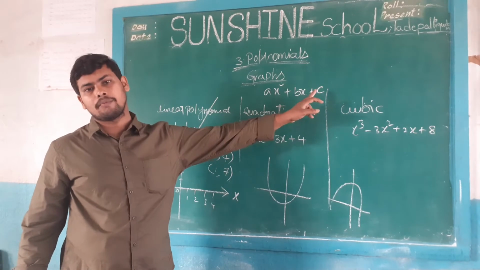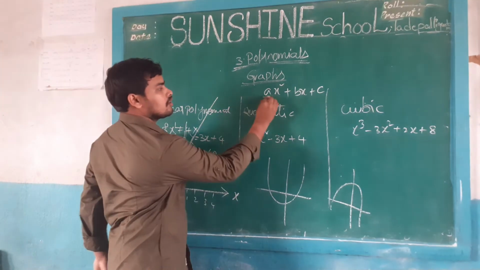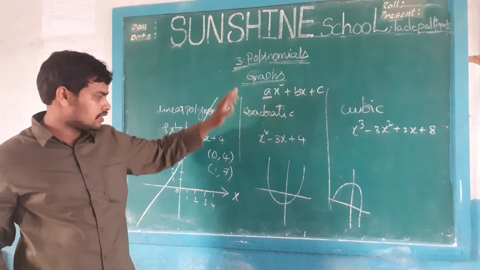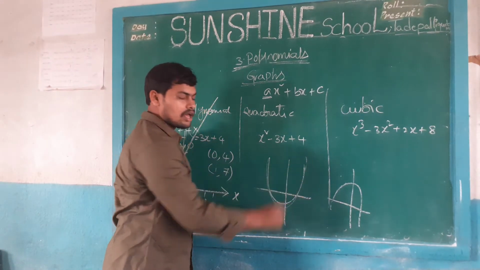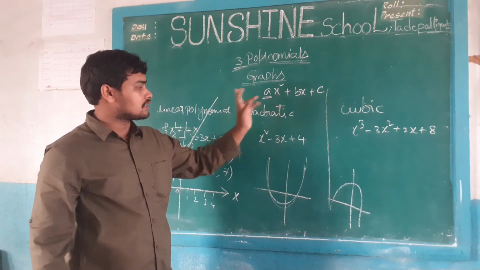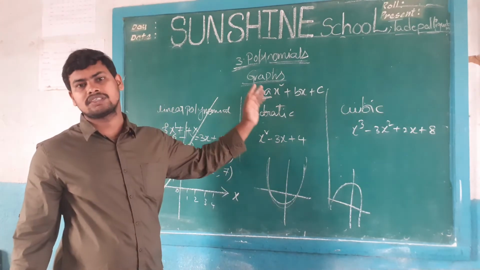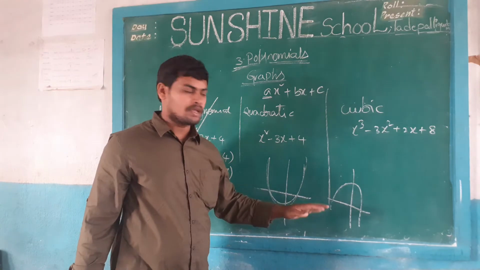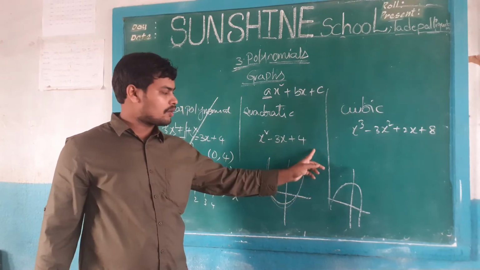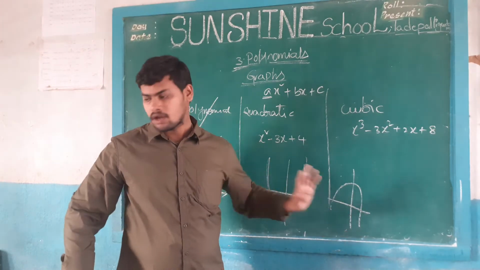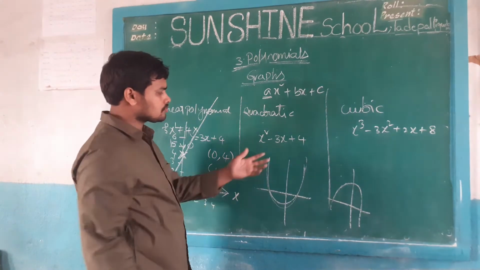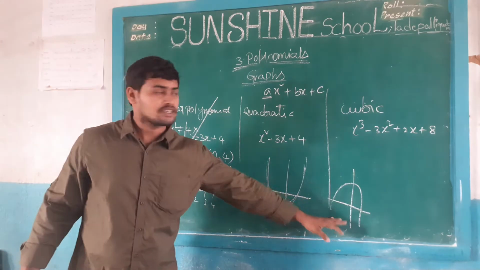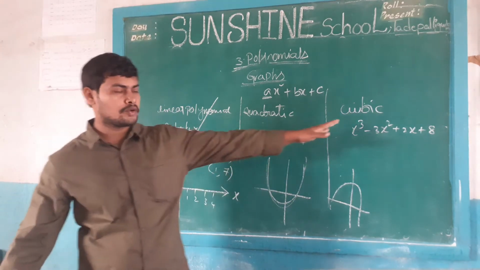Here, if a is greater than 0, the parabola is like this. If a is less than 0, meaning negative, the parabola is like this. Upward parabola, downward parabola. These are the graphs of the quadratic polynomial.